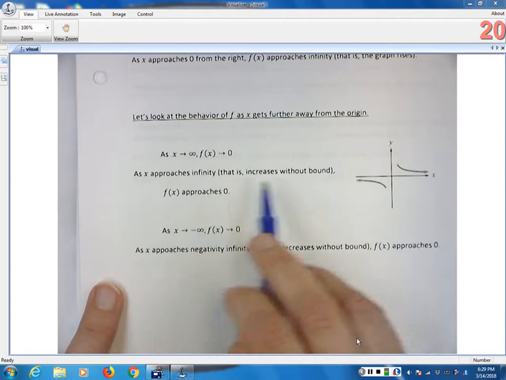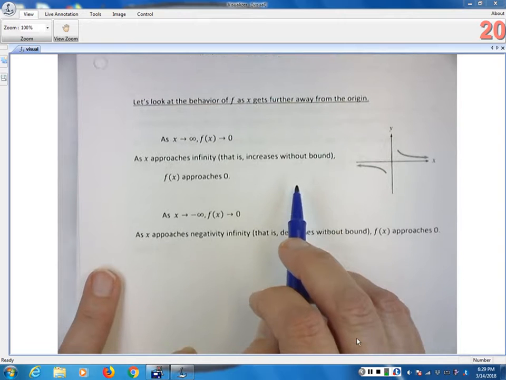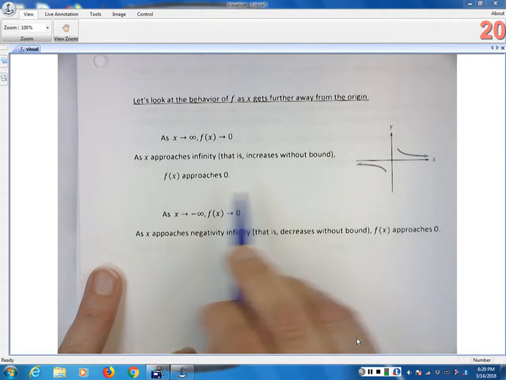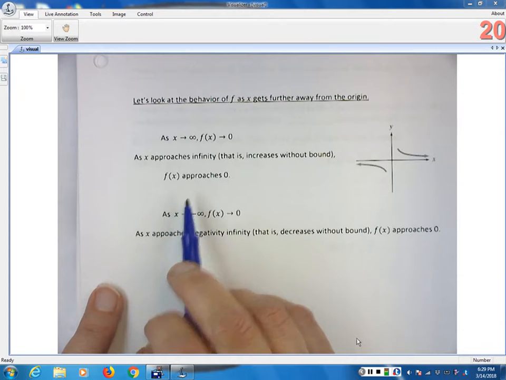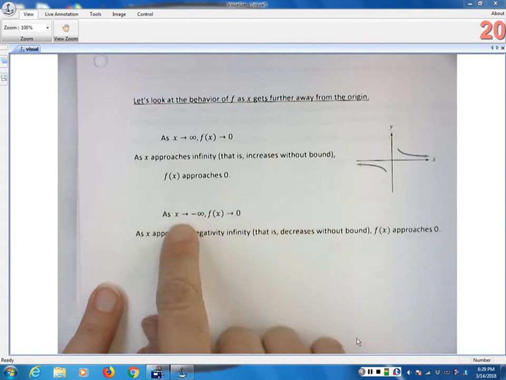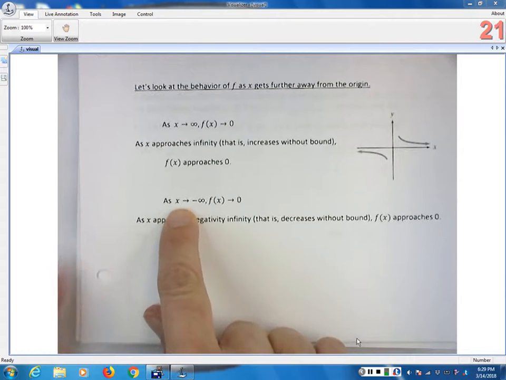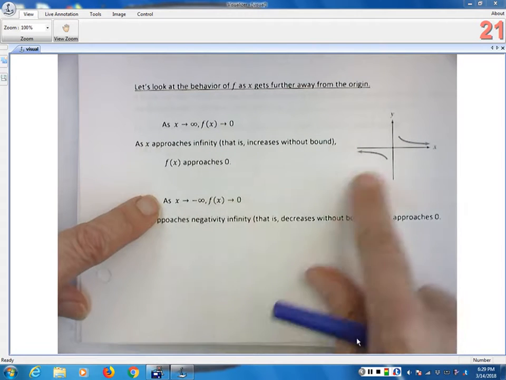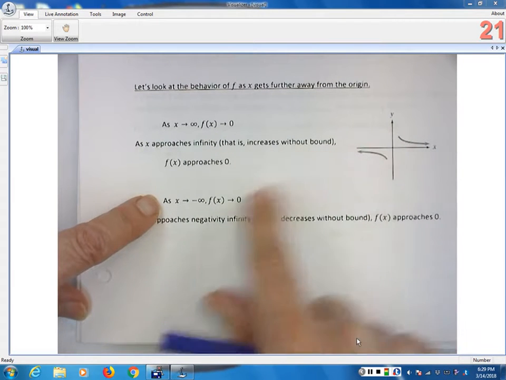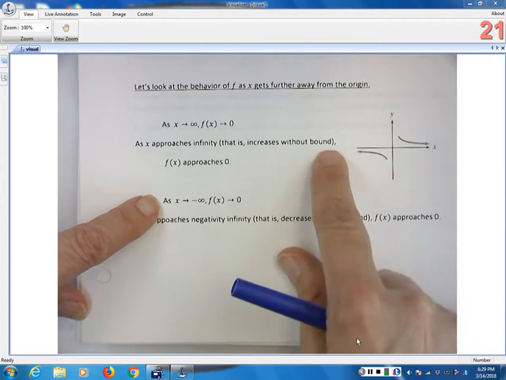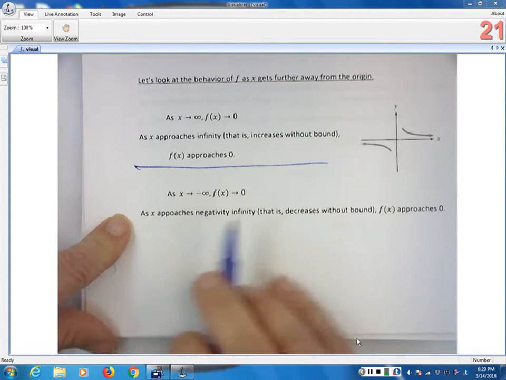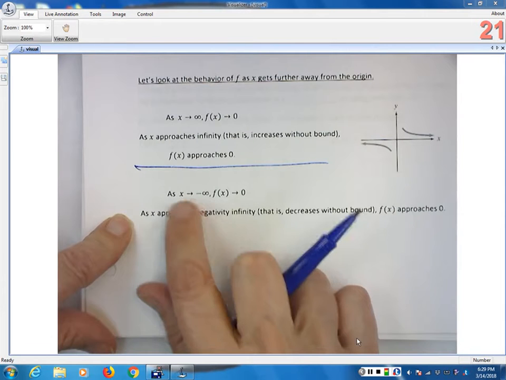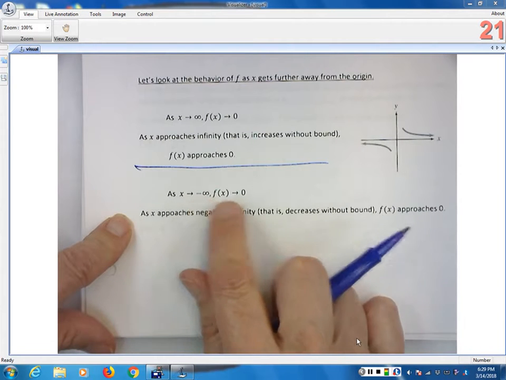That is, x increases without bound, as f of x approaches 0. Okay, here the next one, x goes to minus infinity, f of x is going to 0. And here's the notation. As x goes to minus infinity, f of x goes to 0.